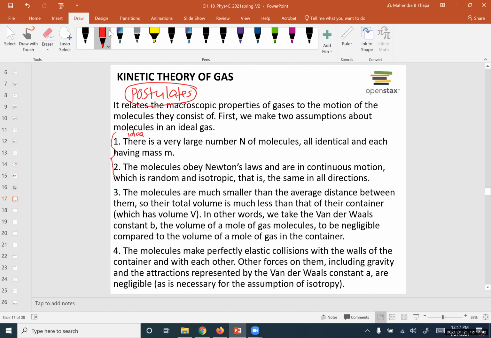There is a very large number of molecules, all identical, each having the same mass. The concept is that we are considering all gas molecules to be identical. We also assumed that the motion is random and isotropic, meaning it could go anywhere.